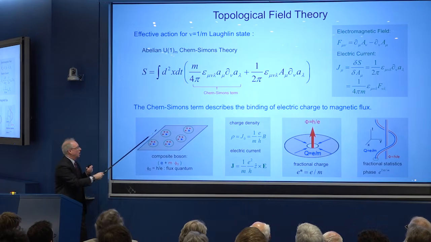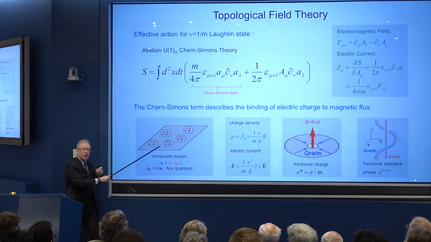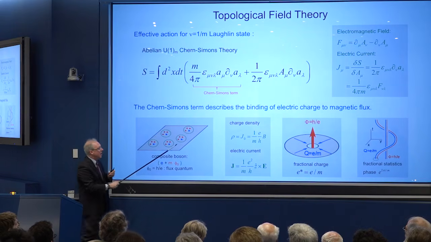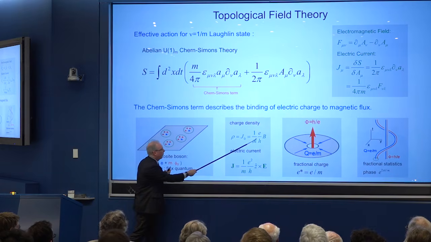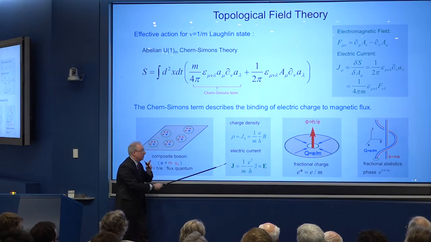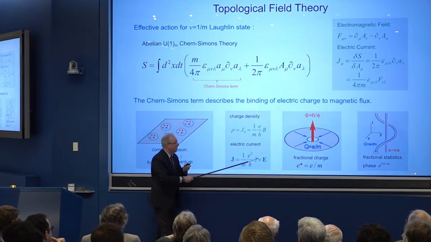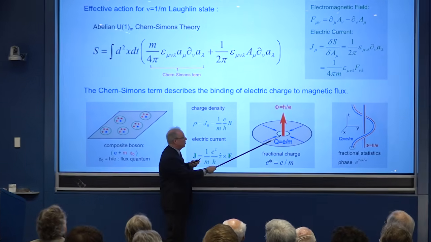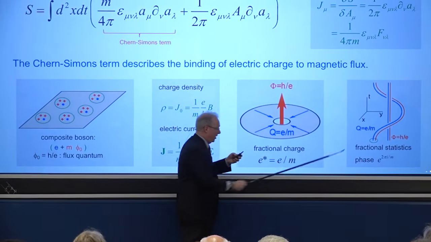So an electron basically binds, say, 3 quanta of magnetic flux. And what that does is that locks the electric charge density to the magnetic field, and it locks the electric current density to the electric field. That's the quantization of the Hall conductance. And this allows one to understand the fractional charge of the excitations and their fractional statistics.